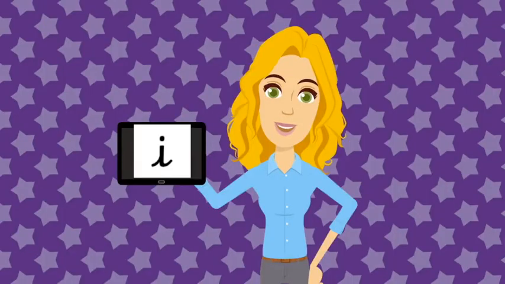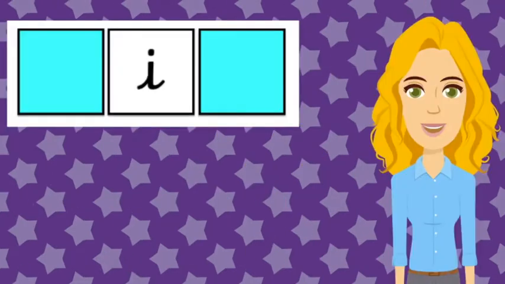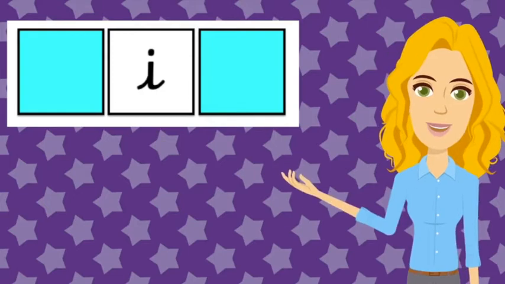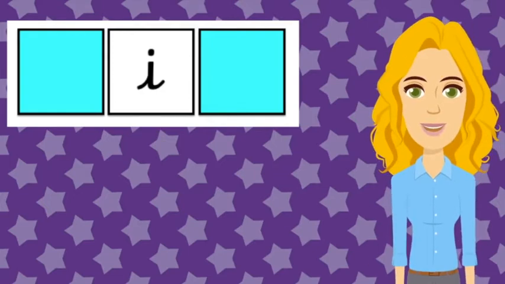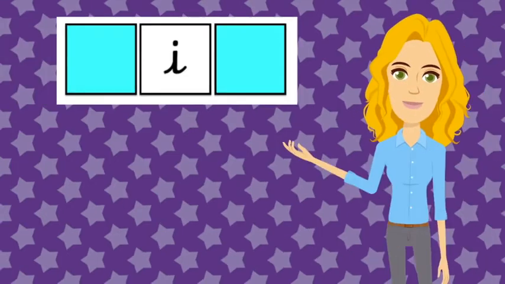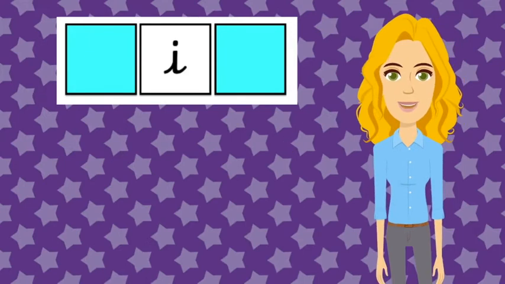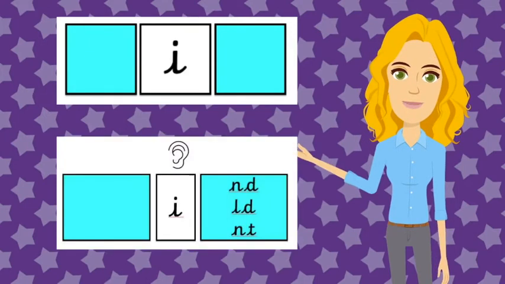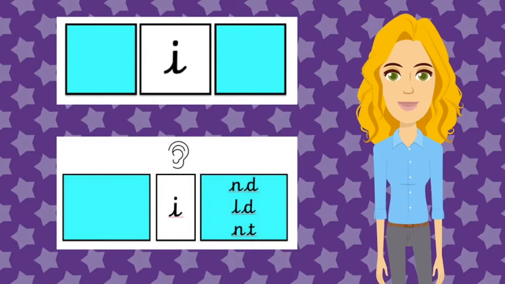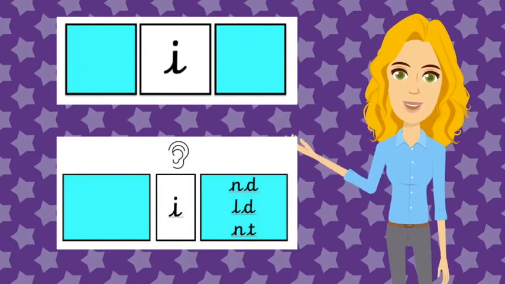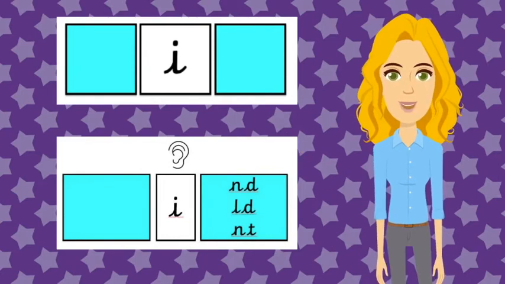The final rule for teaching the I phoneme or sound that children need to get to grips with is when to pronounce the letter I by its sound, I, or by its letter name, I. The children will need to have a basic understanding of vowels and consonants before they master this rule, because I on its own becomes I rather than I in words followed by two consonants, usually ND, LD or NT.